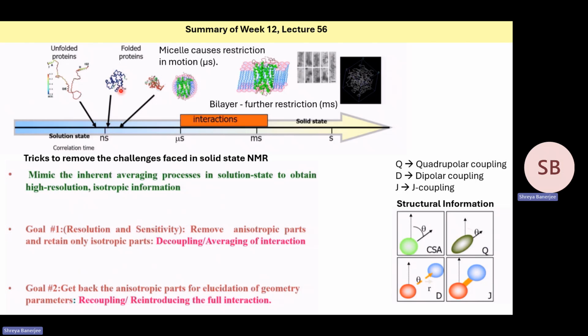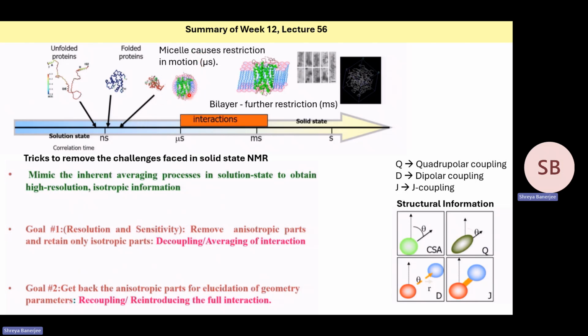But if the protein forms a micelle, so micelle means that the protein is in a lipid bilayer or lipid shell, the size of the particle is increasing. As the size of the particle is increasing, the correlation time will increase to around microsecond.